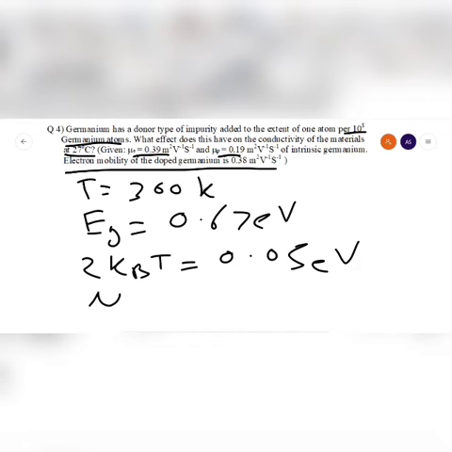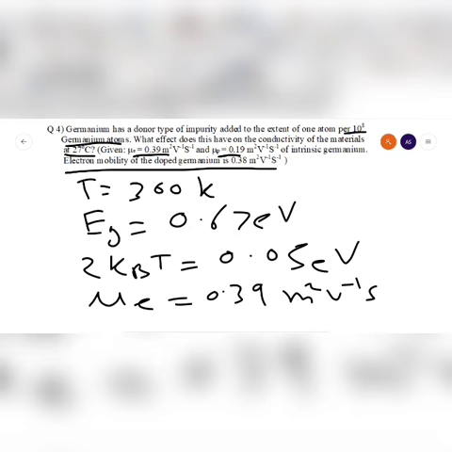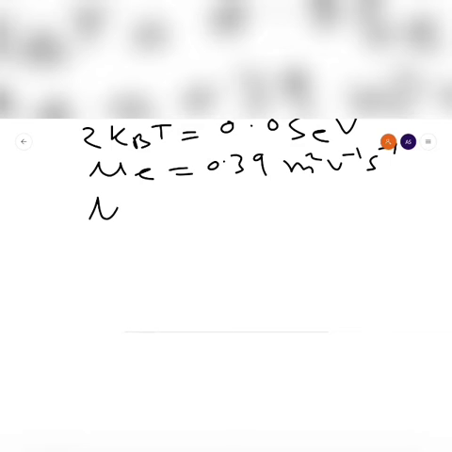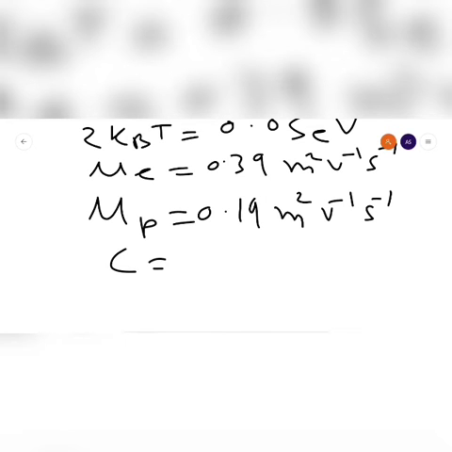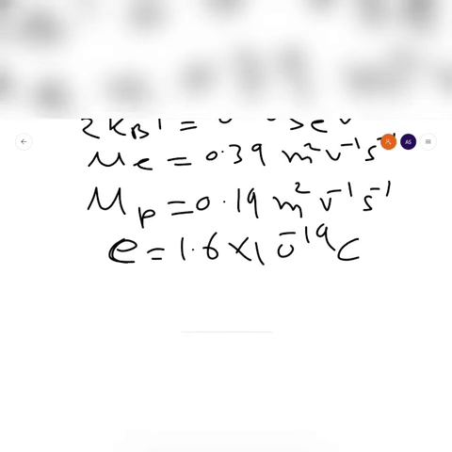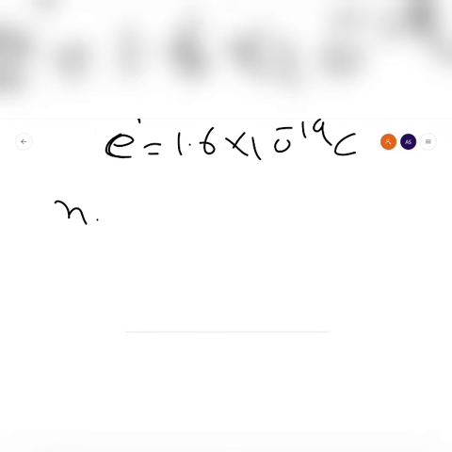Mu e is 0.39 meter square per volt per second, and the mobility of hole is 0.19 meter square per volt per second. Also the value of e is 1.6 × 10^-19 coulomb.